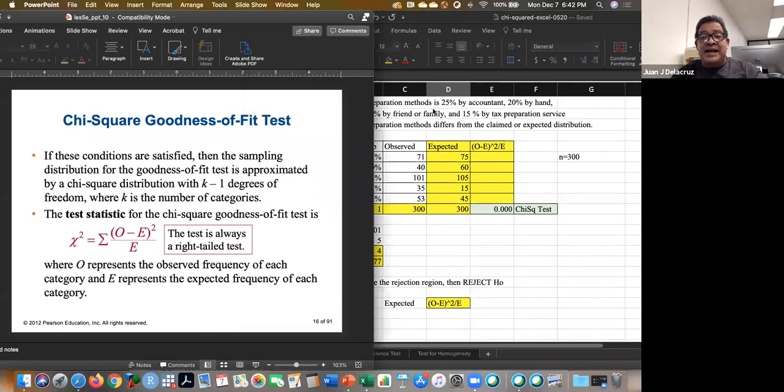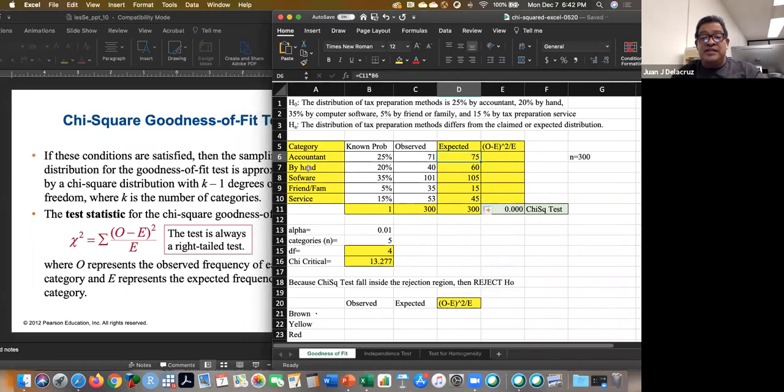To perform the chi-square test, we already have the observed and the expected.